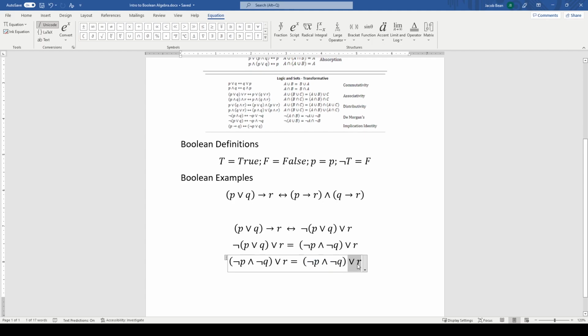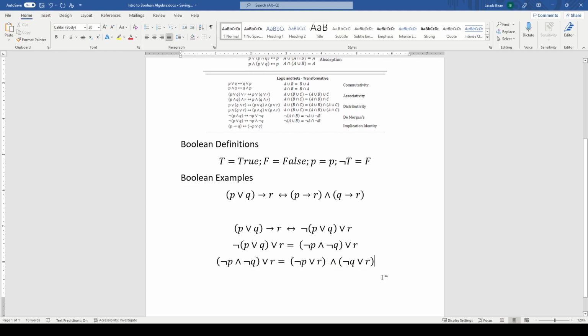So let's see if I can do this. Right here, and this will be gone. And we can clean it up with some parentheses like that. They don't match because Microsoft Word wants to be a little silly, but you get the picture.